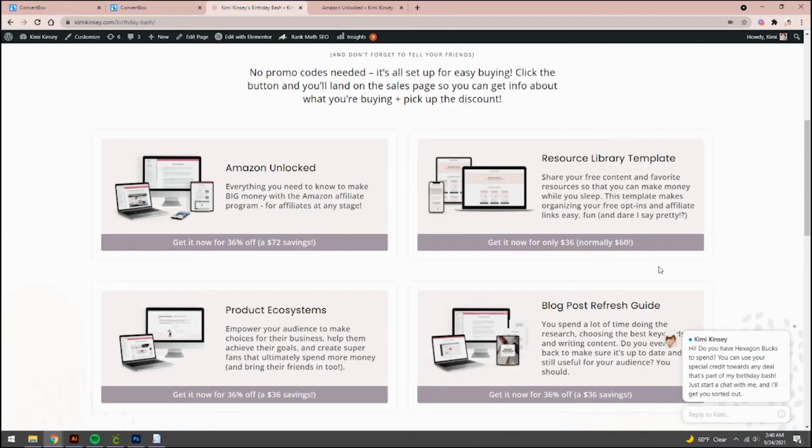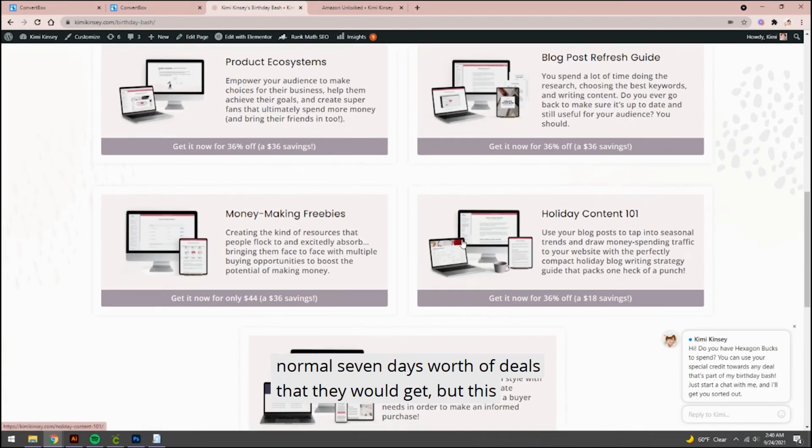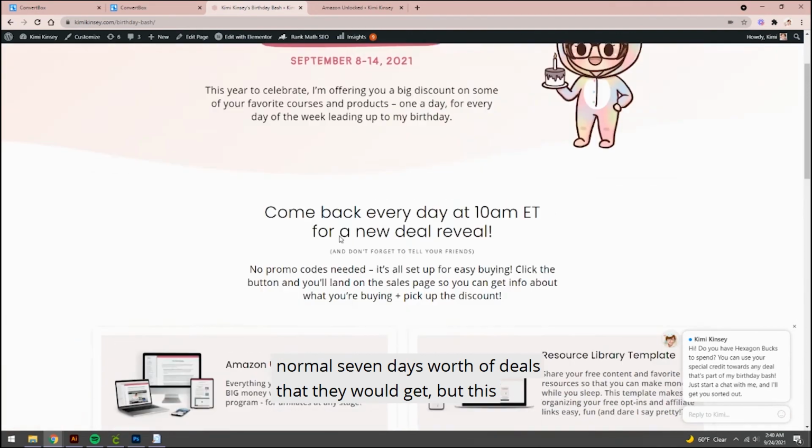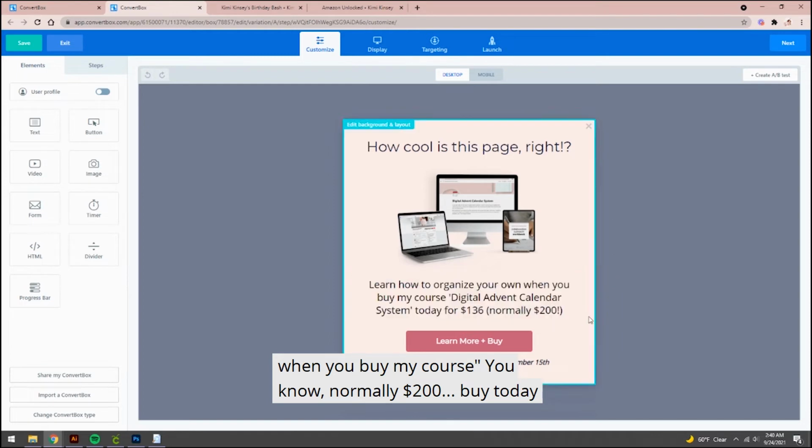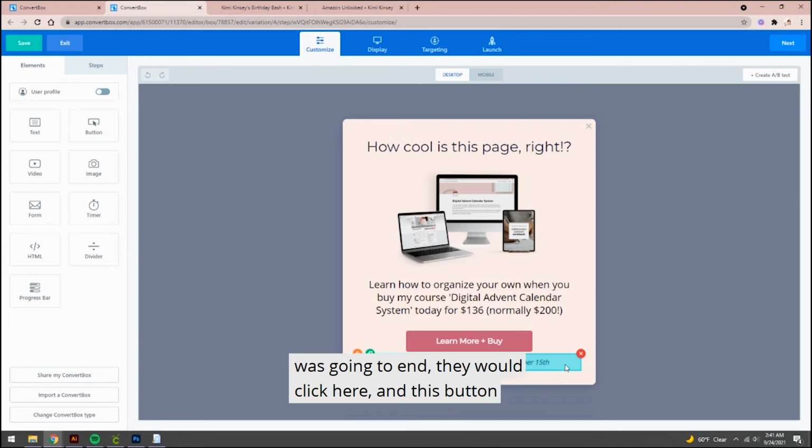So they had their normal 7 days worth of deals that they would get, but this one ran the entire time, and they would get this pop-up that says, how cool is this page? Learn how to organize your own when you buy my course. It's normally $200, buy it today for $136. I let them know when the special deal was going to end.